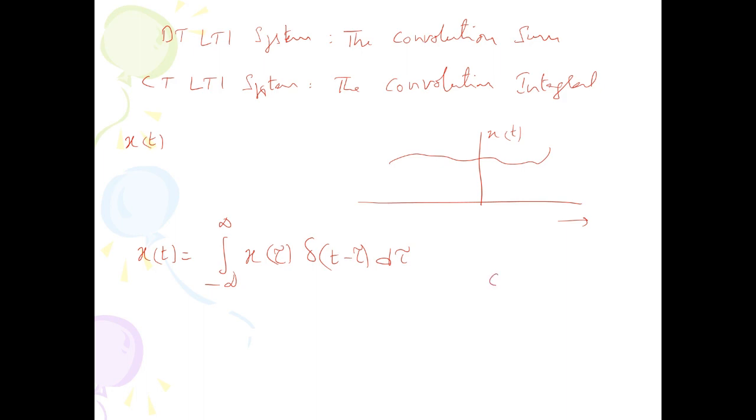As we know, delta of t is equal to 0 at t not equal to 0 and its value is infinite at t equal to 0. And the area under this impulse, the integral from minus infinity to plus infinity of delta of t dt, is equal to 1.